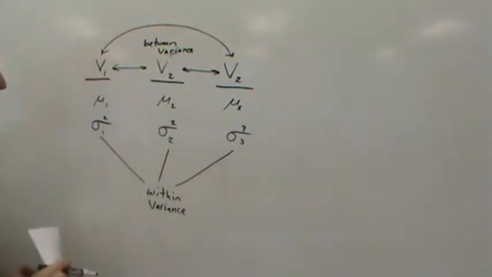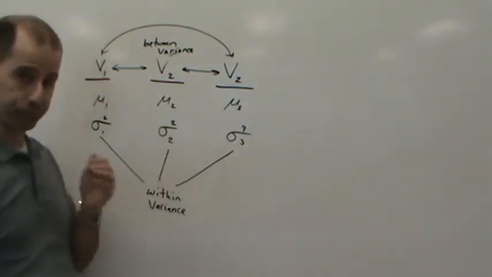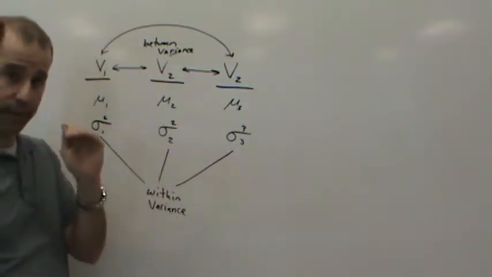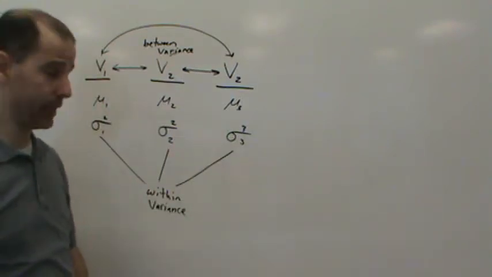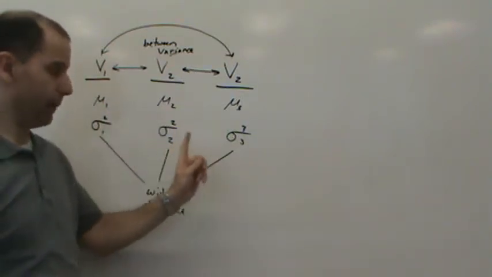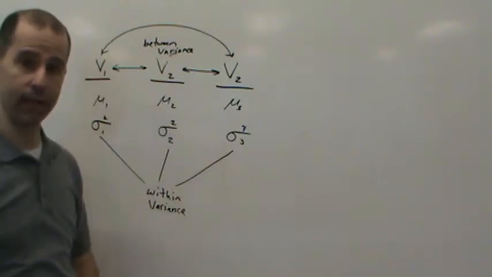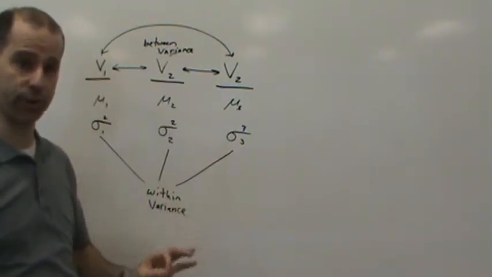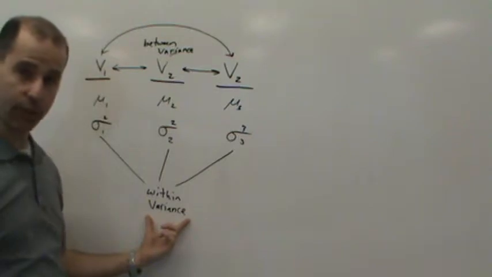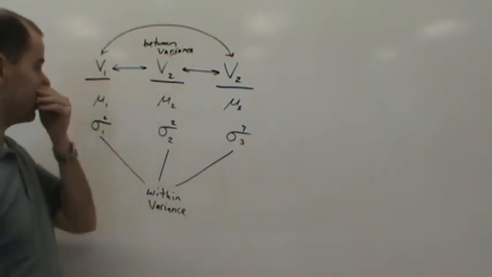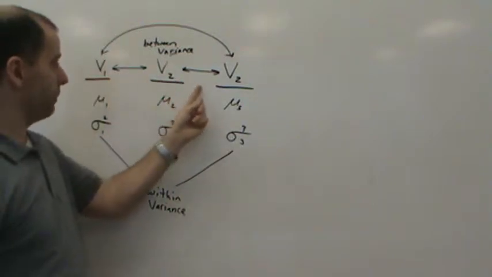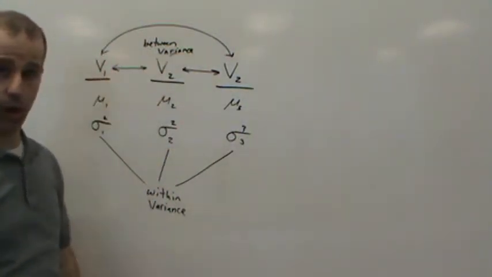Now the thing is that under one of the main assumptions for doing this test of the difference of means, we're assuming that the population standard deviations are all the same. The variances are all the same. So we're assuming that the within variances are all the same. Now the question is, are the between variances all the same?